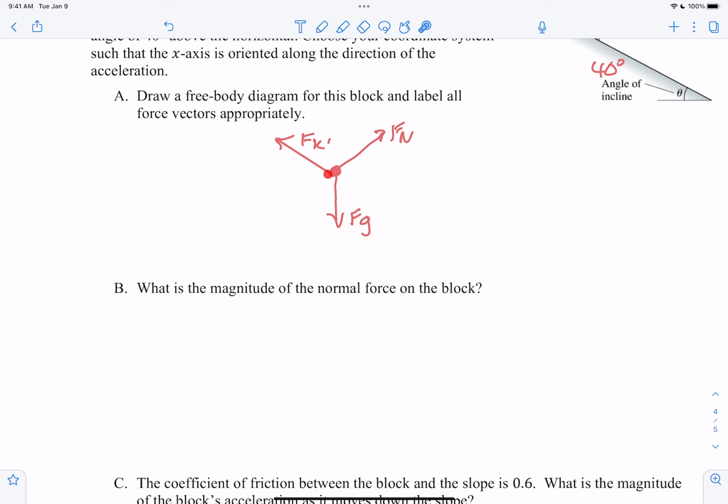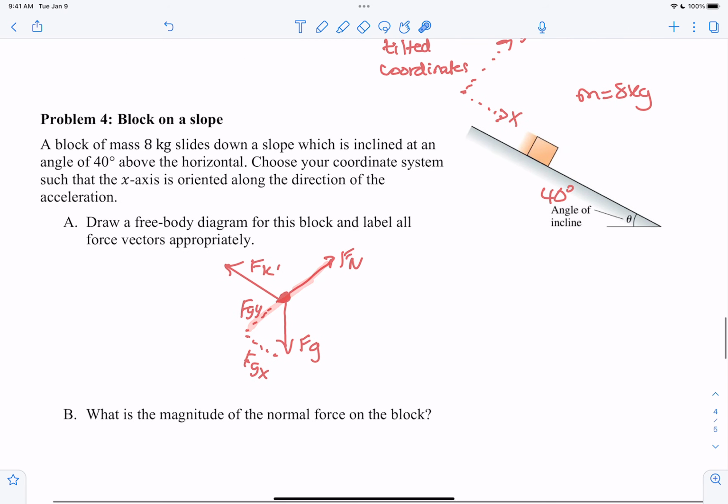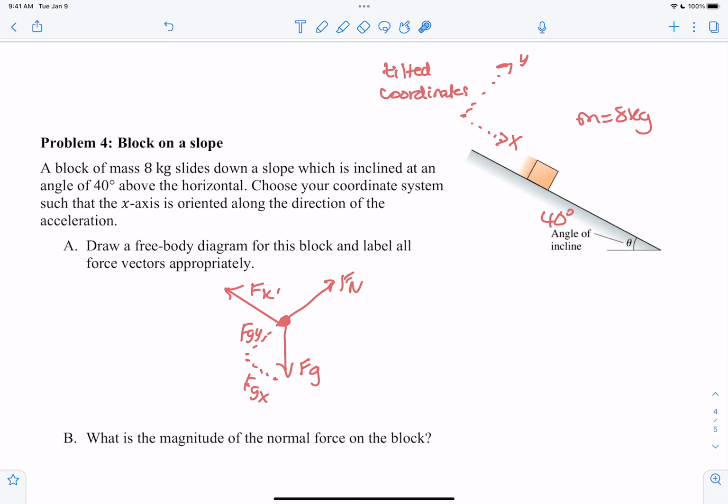That's why we have, and I was going to get to this later, Fgx and Fgy. So technically, your Fn should be equal to what? Fgy, right? So we want to make sure that these two are proportional in length as well, to indicate that there's no movement across or along the tilted y-axis.